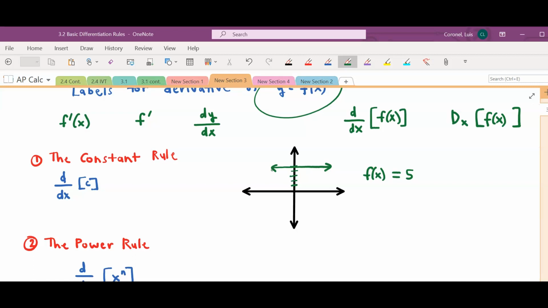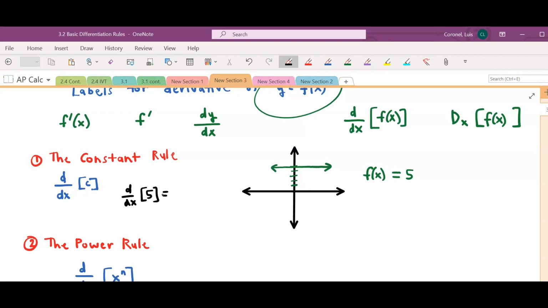So if we try to take the derivative, let's write this down. The derivative d/dx of the constant, in this case the constant is 5. The question is, what's the slope, right? What's the derivative of 5? Well, if you look at the green line, what's the slope of the green line?